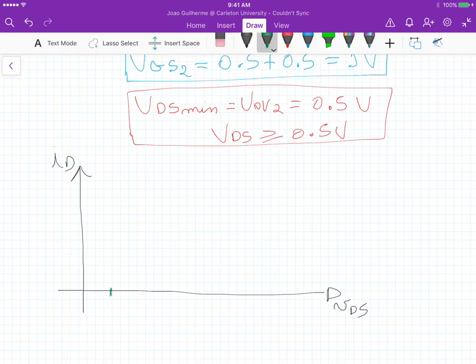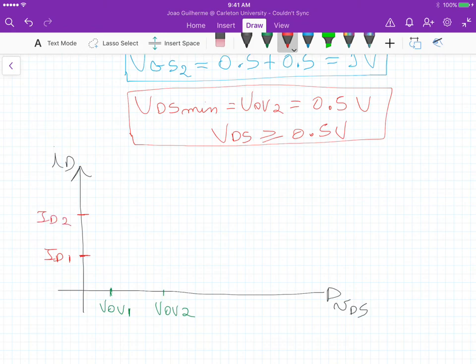So let me call this one here V overdrive 1, and this one here V overdrive 2. And let's put the currents here. So this one is ID 1, and this one here is ID 2.